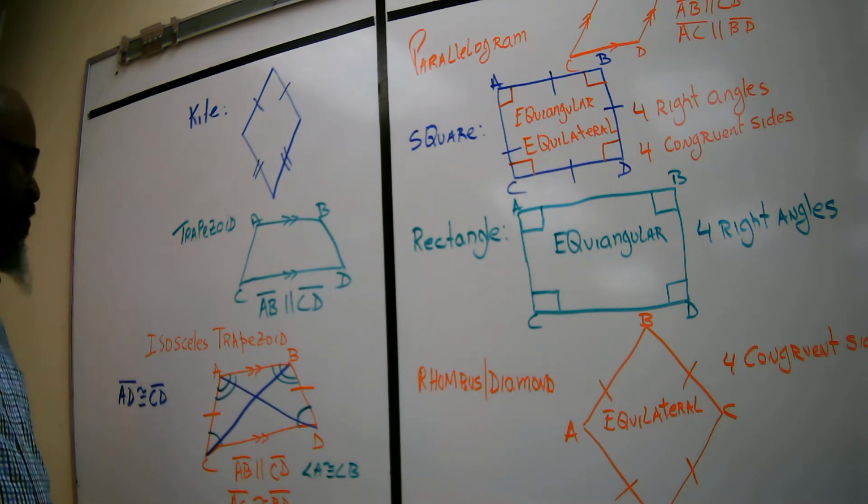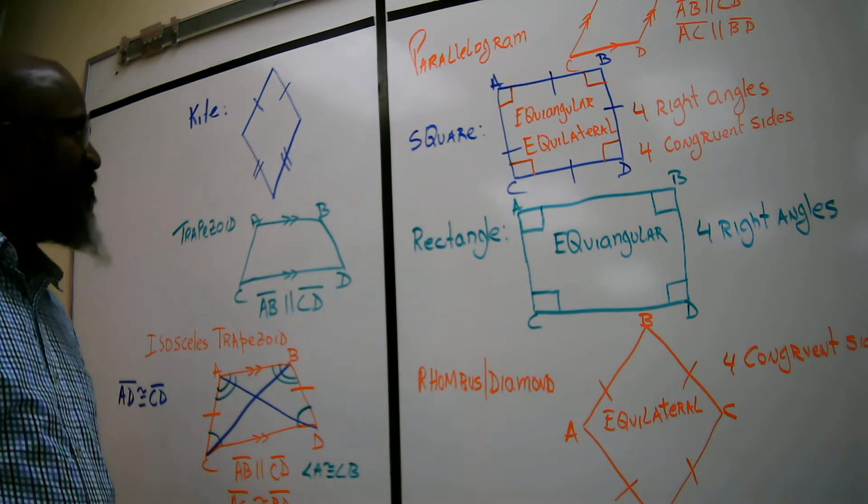Those are called base angles because they form with the base. And diagonals are congruent. Diagonals connect non-consecutive vertices. Since the bases are parallel, the sideways angles will be supplementary. Those are properties of the isosceles trapezoid.